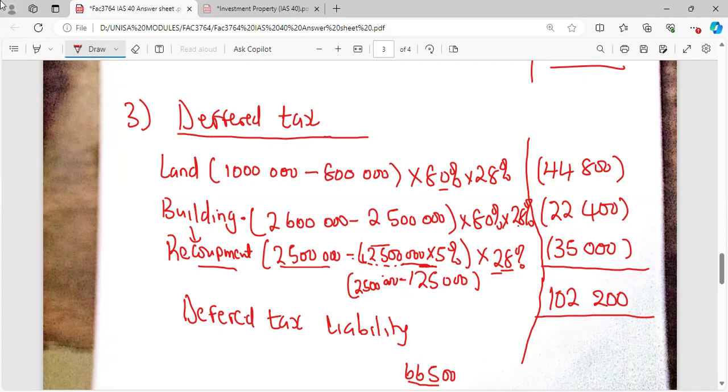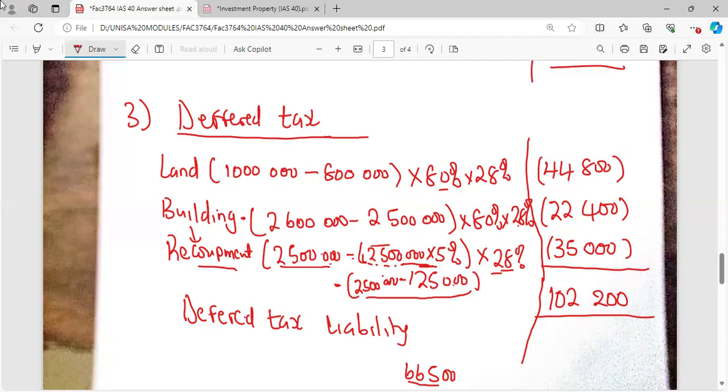Let's look at here. How you are going to calculate it is here. Remember, I've amended here. Just make it like this. 2,500,000, you subtract 5%. 2,500,000 minus 125,000, you subtract it from here.